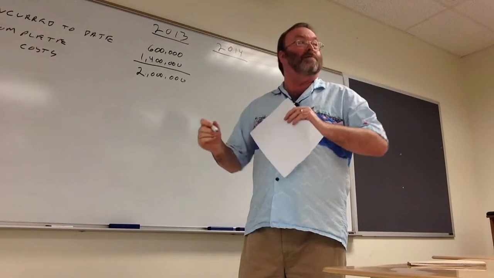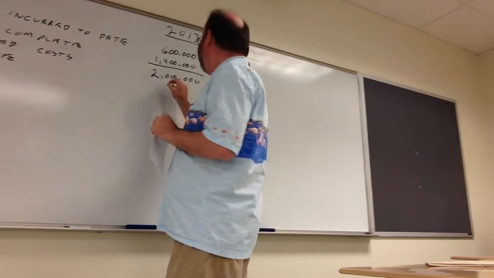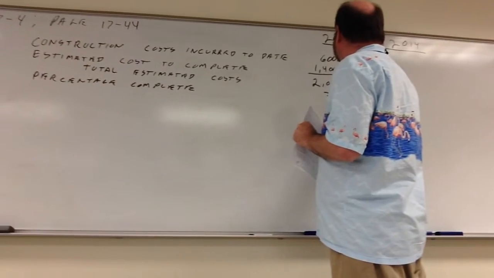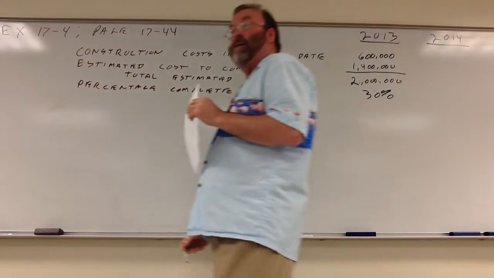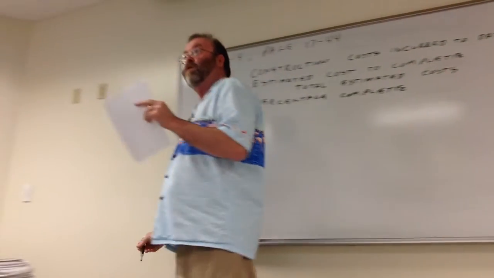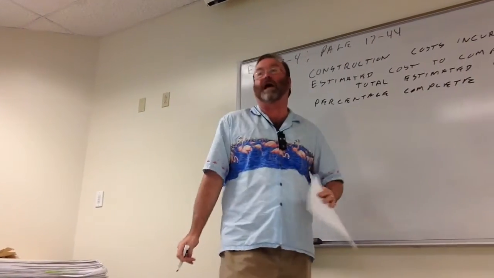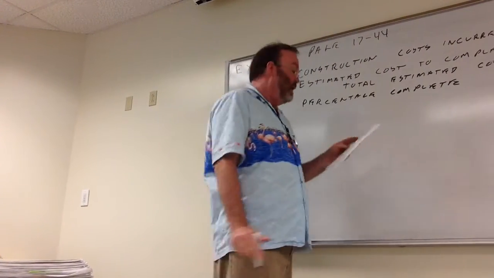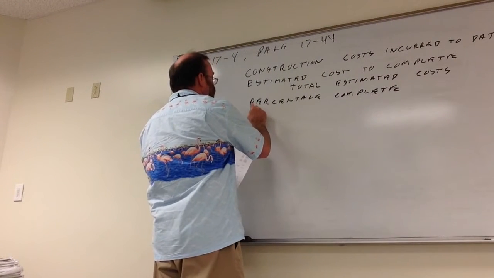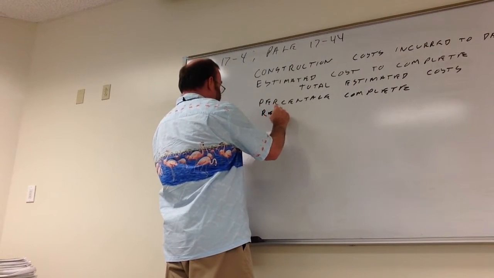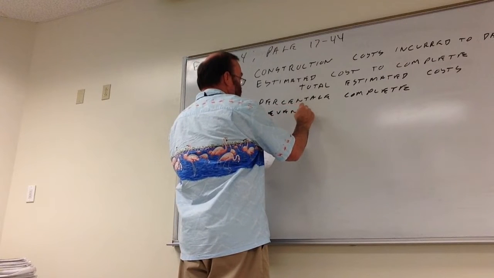What's 6 divided by 20? 30%. All right? Everybody with me so far? So we're 30% finished on this $2 million job. That can give us now the revenue to date.